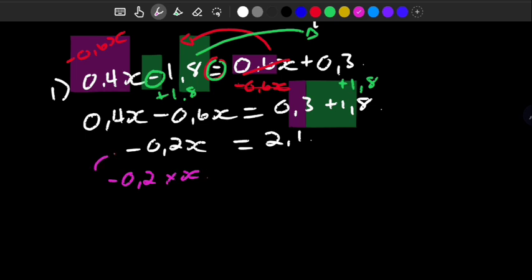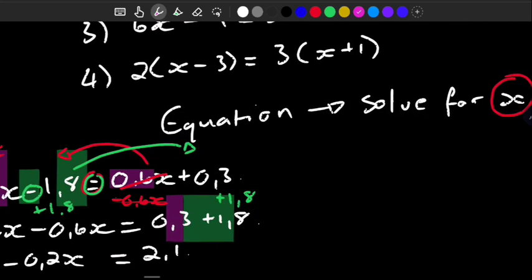What we would do there is divide by negative 0.2, right? Another rule is that x can never be negative, right? See what I did here?